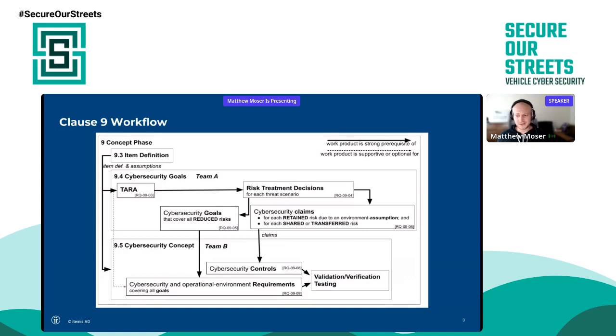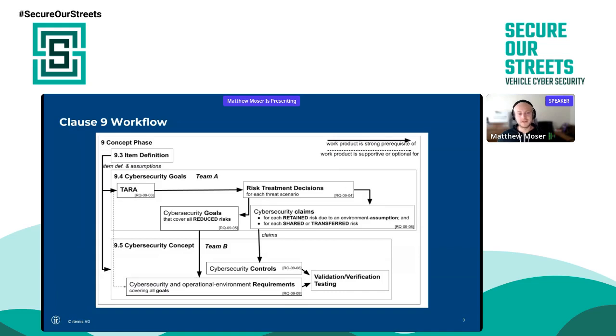When discussing Clause 9, it's best to focus on cybersecurity goals as well as cybersecurity concept, or Team A and Team B, respectively. It's important to recognize that these are two separate teams that, while working towards the same goal, are ultimately in a disconnected environment.